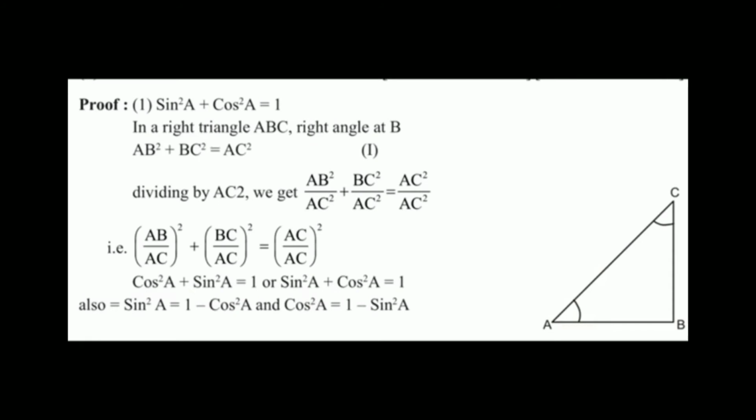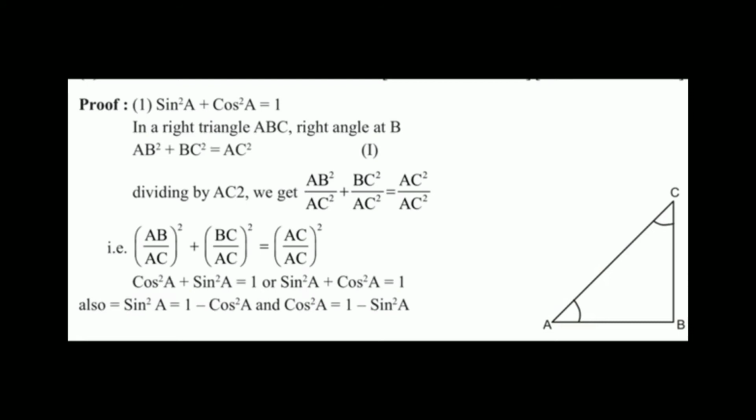What is AB upon AC from the diagram? From the diagram, AB is base, AC is hypotenuse and base upon hypotenuse is cos theta. We know from our previous knowledge. Here theta is acute angle A. So we get AB upon AC whole square is equal to cos square A. Similarly, BC upon AC is sin A, so we get sin square A, and AC upon AC cancels to 1.